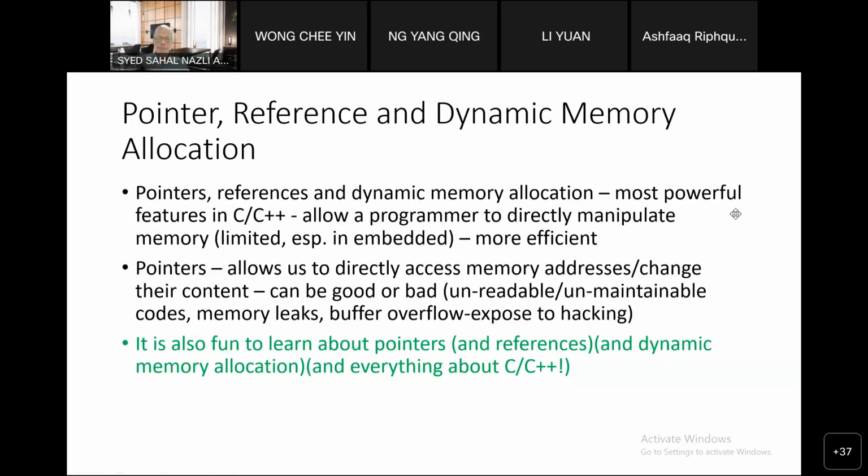Pointer is the most powerful feature in C and C++, where it actually allows the programmer to directly manipulate the memory, which we know in the embedded system is limited. If you use the pointer, reference, and dynamic memory allocation, it becomes more efficient.